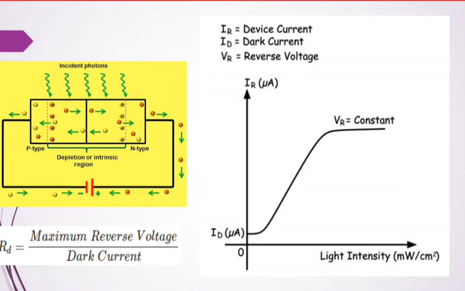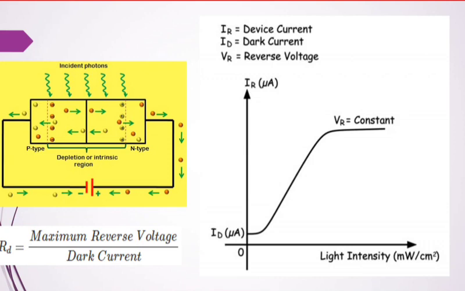Dark current means there is no application of light, and at that time we measure the reverse current. The maximum reverse voltage is obtained by applying maximum light. Maximum reverse voltage divided by dark current gives the dark resistance.